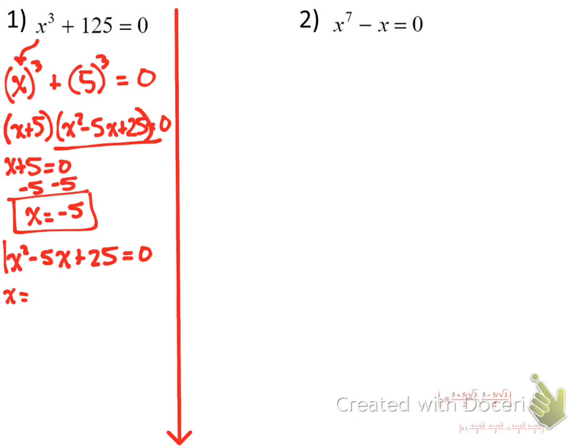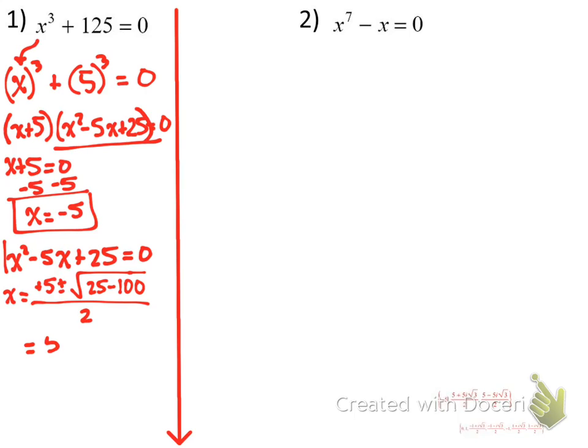Negative b is negative 5, which is positive 5, plus or minus the square root of b squared, which is 25, minus 4 times a times c. 4 times 1 is 4, times 25 is 100. All over 2a, 2 times 1 is 2. Simplify.